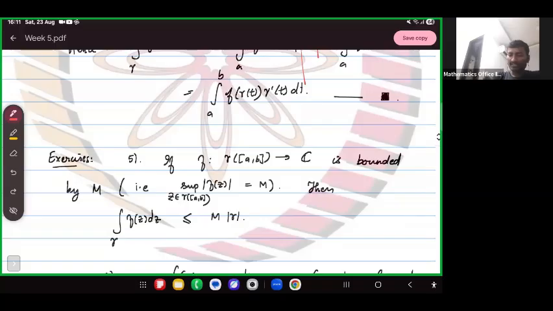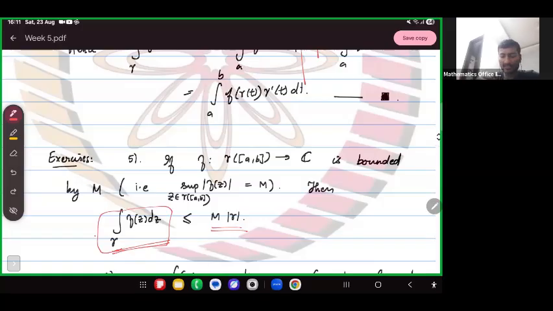So let me tell you, because nobody is responding right now. On the left side here, we have complex number. So this integral will be complex number. On the right, we have a real number. But if this integral is not real, how will you compare with the other?